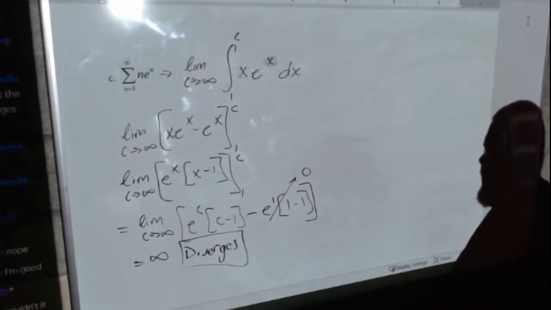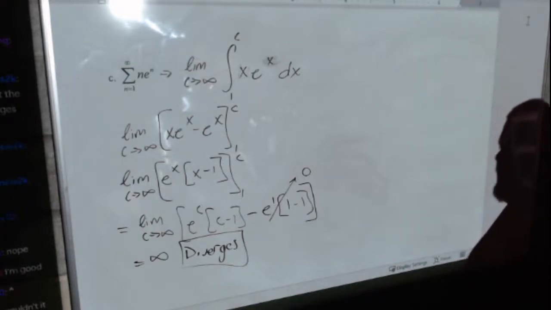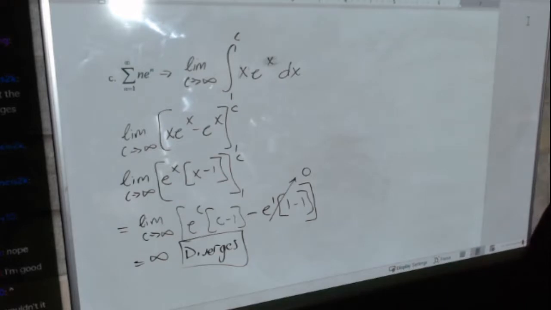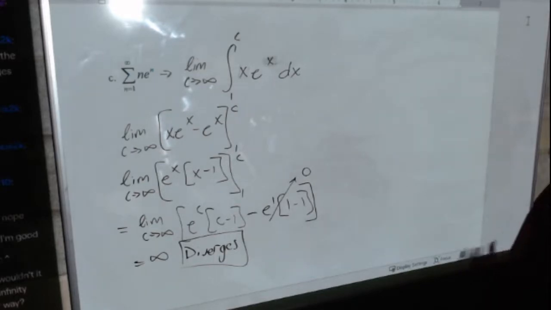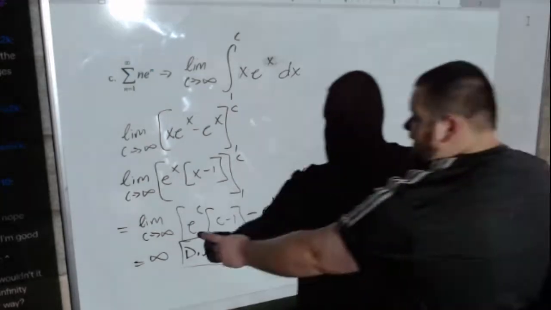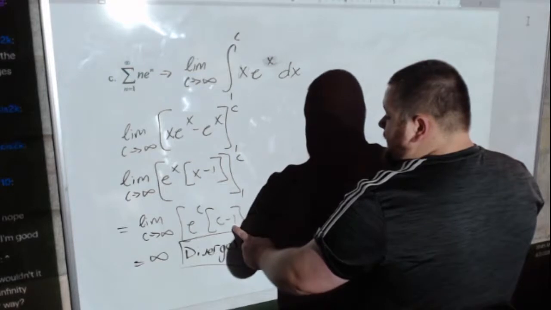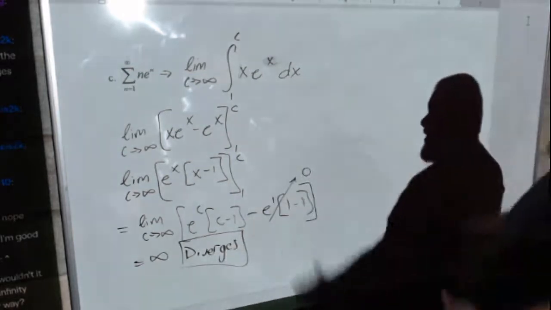What do you mean, wouldn't it go to infinity either way? Yes, it would. But the other problem is, if you don't have that argument, you would get infinity times infinity, and then you have no idea what to do with it, right?